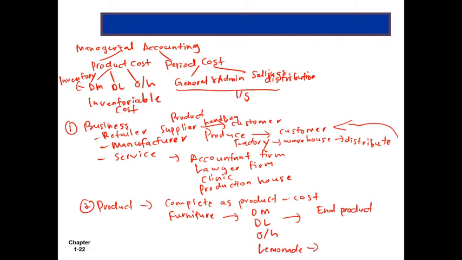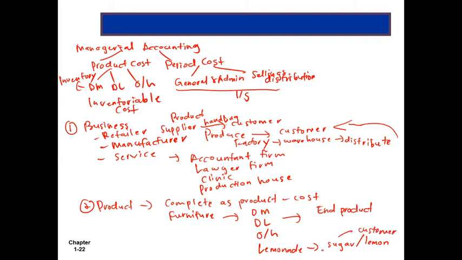What do we need to make lemonade? Of course, we need sugar, we need water, and then we need lemon. So this is your material, and this material has cost. And someone has to make this lemonade to sell to your customer.